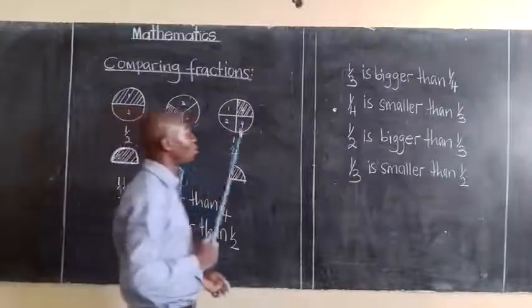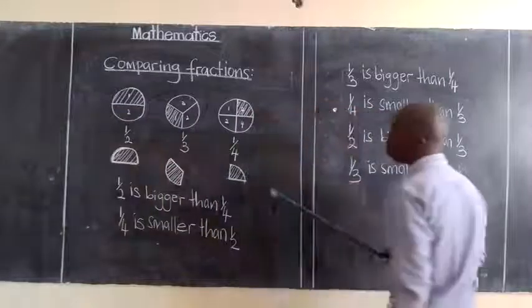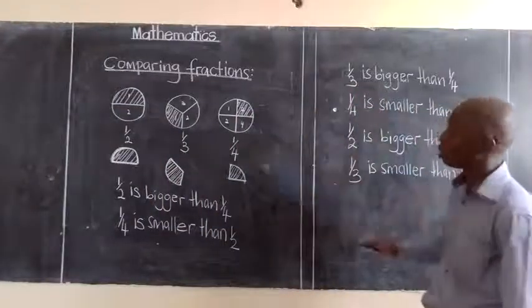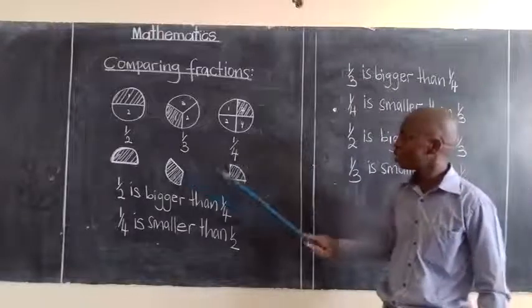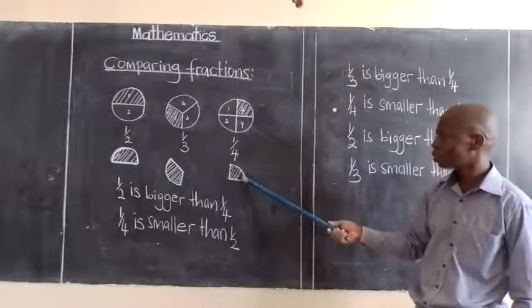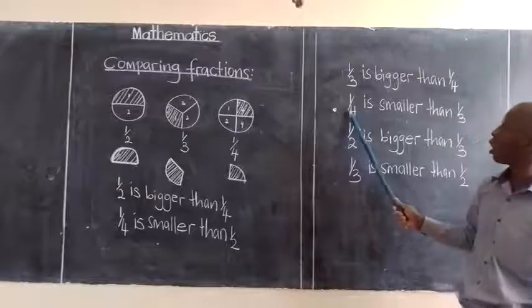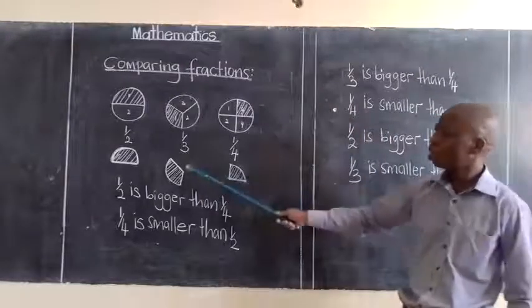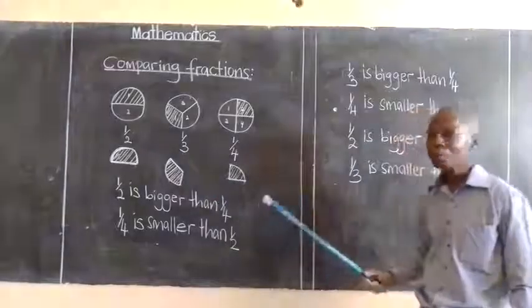Still, we can look at those three. You will realize that a third is bigger than a quarter, and therefore, a quarter is smaller than a third.